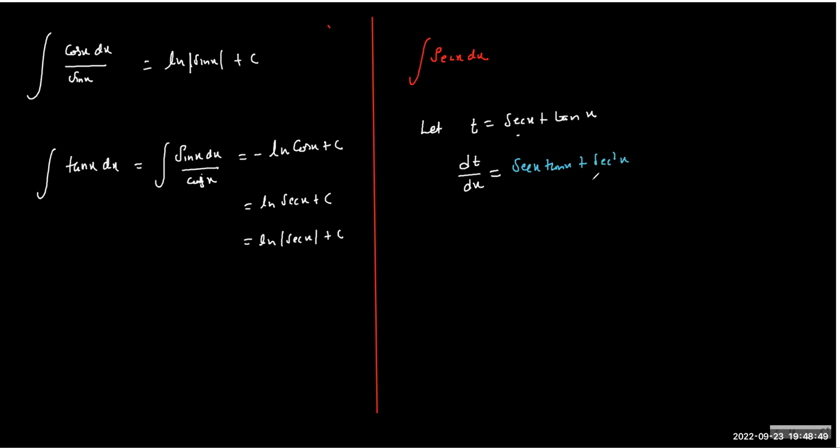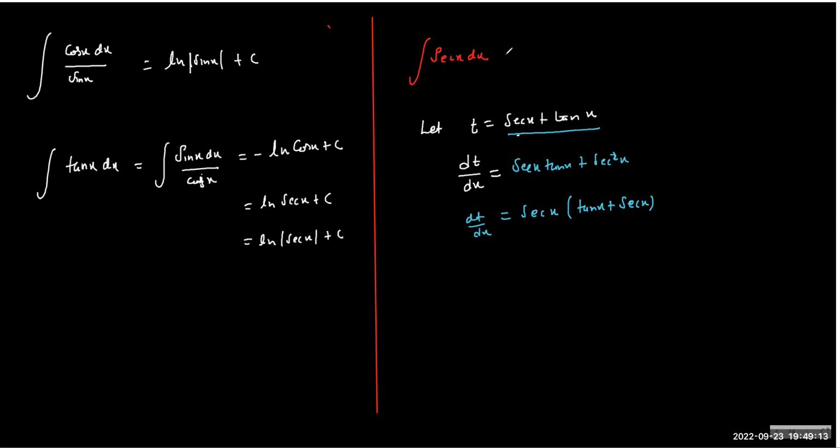You know what is interesting here? You can take one thing common, and you get something like this, which is exactly what you started with, right? So if you differentiate a function like this, it will give you sec x into the function.